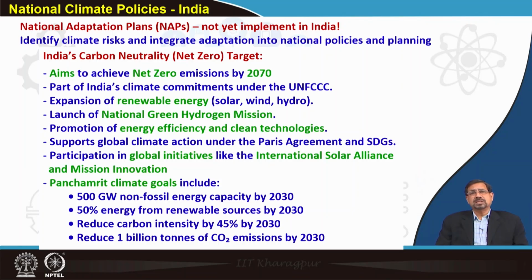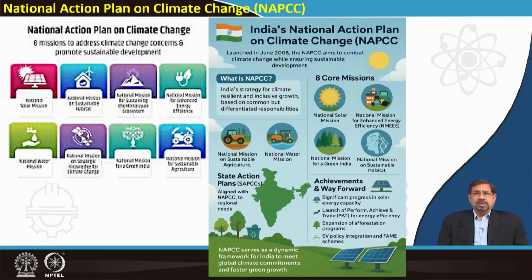Second, 50% of energy requirements will be met from renewable sources by 2030. Third, reduction of carbon intensity by up to 45% by 2030, and fourth, reduction of 1 billion tons of carbon dioxide emissions by 2030. These four are to be achieved by 2030, and the last one is that if we do this, we are on the pathway to achieving net zero emissions by 2070.